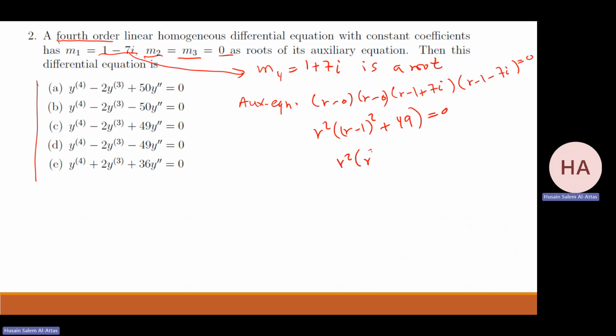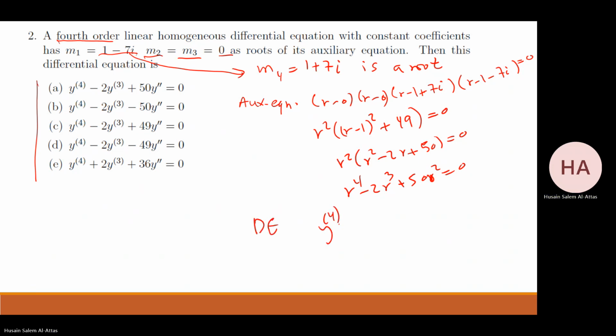So you have r squared minus 2r plus 1 plus 49, that is 50, equals 0, which is r to the power 4 minus 2r cubed plus 50r squared equals 0. So the differential equation is the fourth derivative minus 2 times the third derivative plus 50 y double prime equals 0, which is this one.